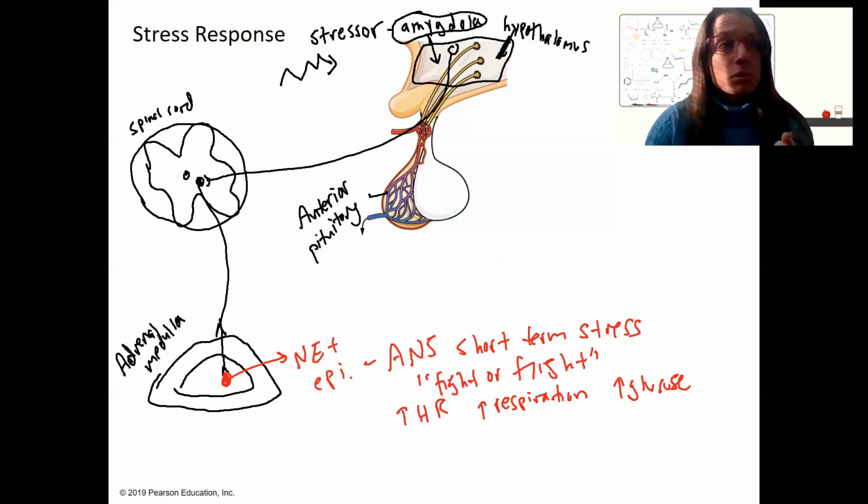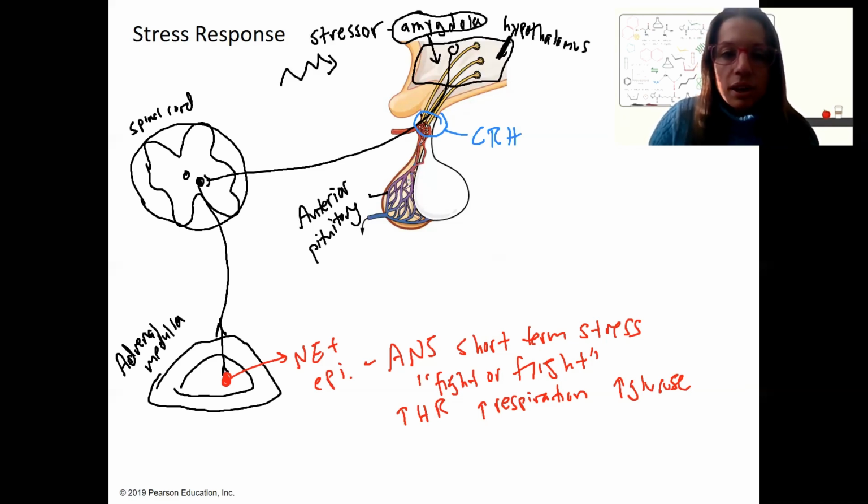At the same time, those same stressors cause these cells right here to release what? We've done this. This is the hypothalamic pituitary adrenal axis. You may not remember, corticotropin releasing hormone. So this is a second response to that stress. CRH is going to travel to the anterior pituitary and is going to signal the release of what?